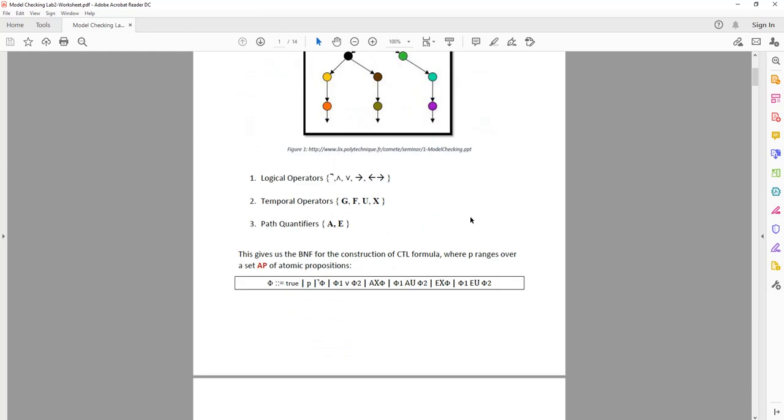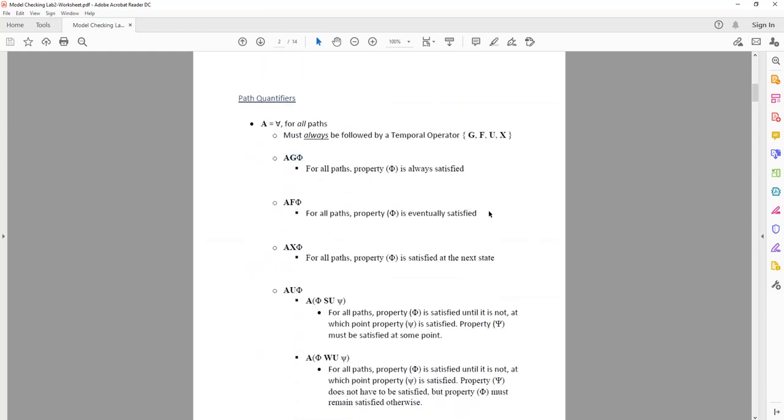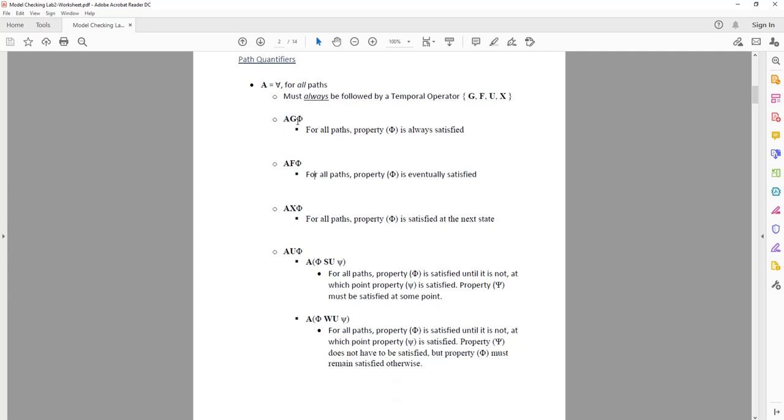That's what we mean by all paths. LTL actually assumes that it has an A in front of everything, so essentially this is the same as saying G of phi. In LTL you can always assume there is an A in front of all the terms. Except you notice in LTL we can do FG phi, while in CTL we cannot do this. That's where the difference lies.